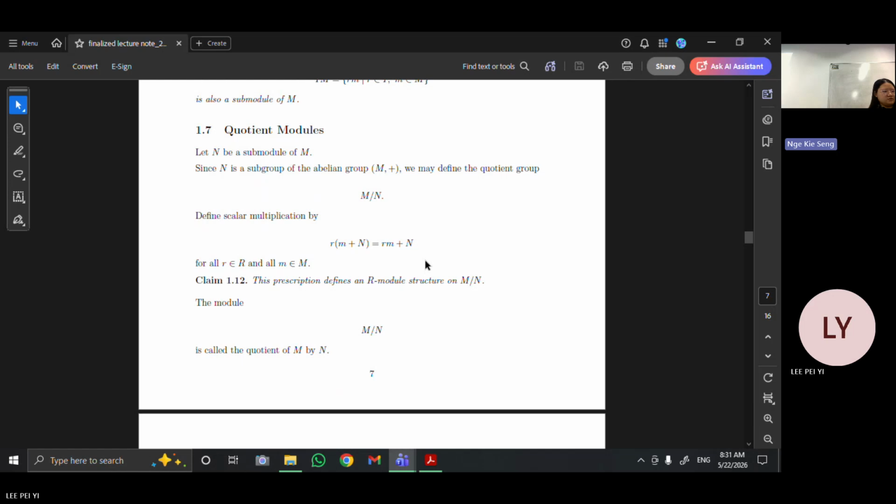So the next one, quotient module. Quotient module generalizes quotient group and the quotient vector space, and the idea is that elements differing by an element of N are identified.